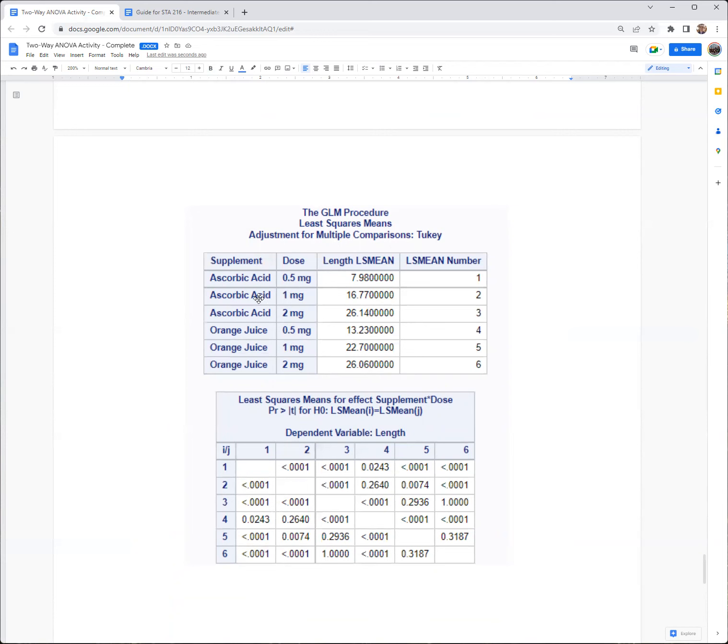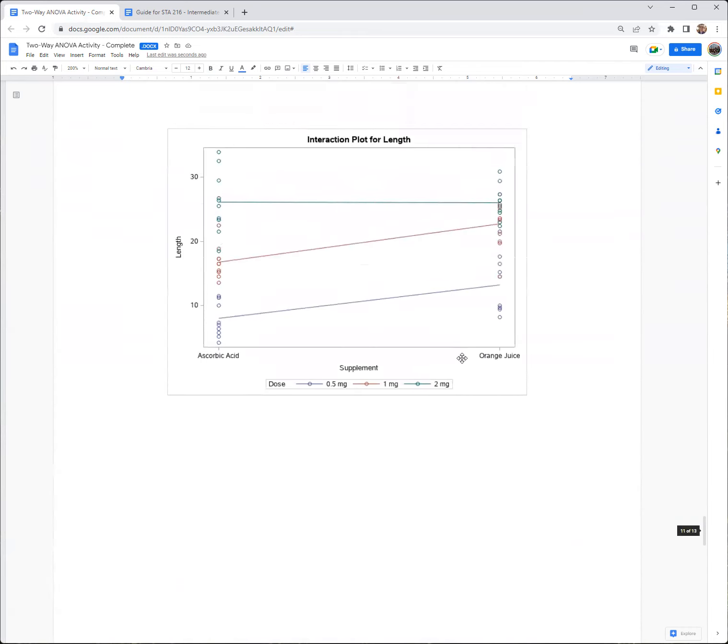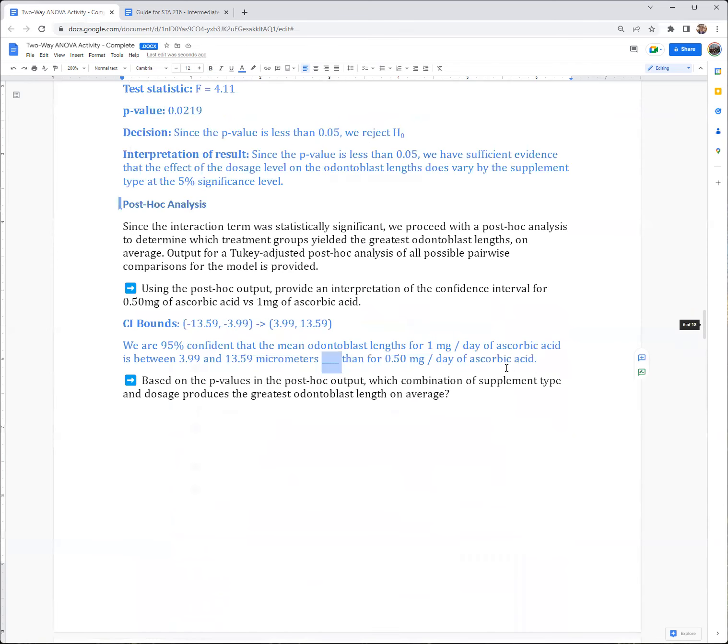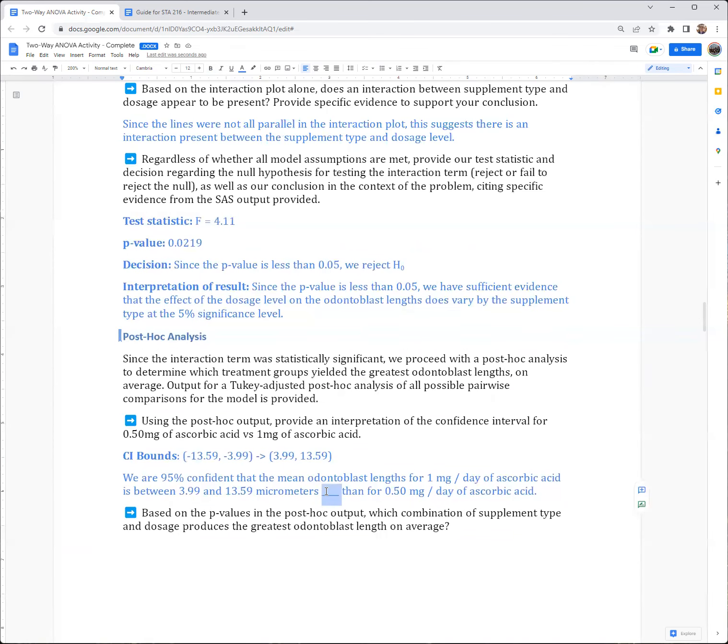So here, 1 milligram of ascorbic acid, the sample mean was bigger than for half a milligram. So group 2 was bigger. That will always align with how your confidence interval should be interpreted as well. So for 1 milligram, which was group 2, that was greater than half a milligram.